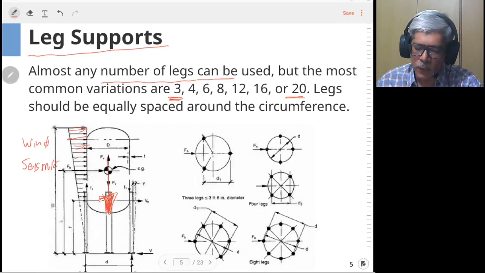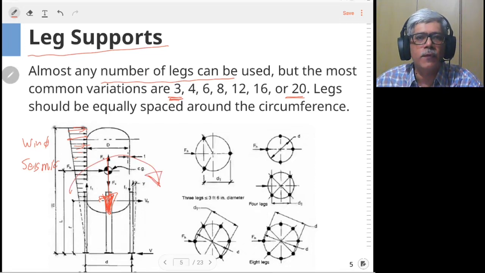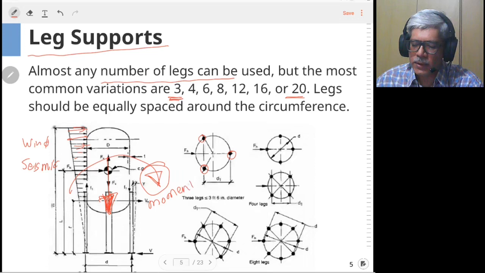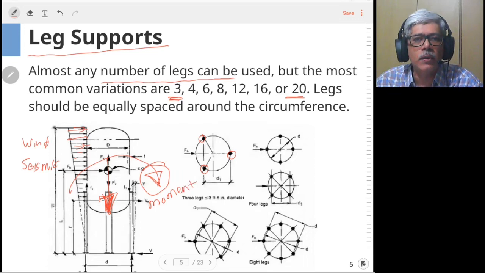Because of the horizontal forces, the vessel tends to topple, so there is a moment which is acting on this vessel, and you need to design the legs to take care of the maximum reaction which will additionally come because of this moment which acts on the vessel body, and it gets transmitted to the ground through the legs.